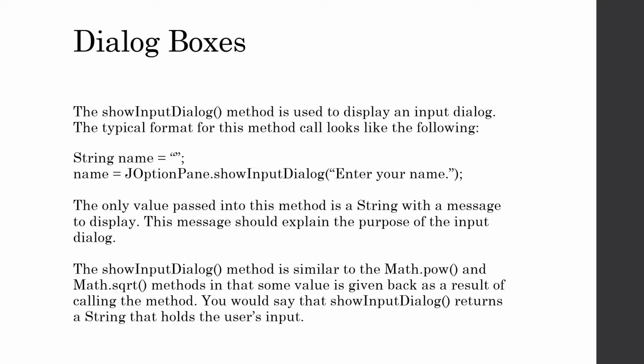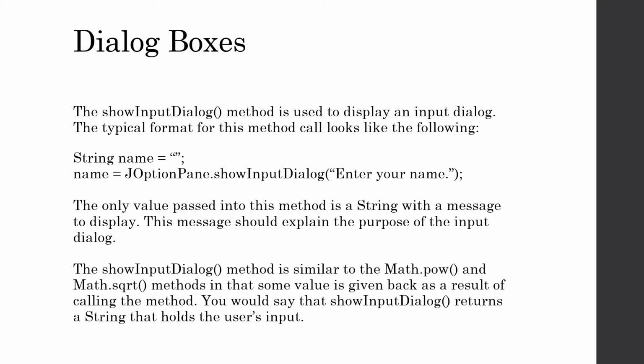Underneath that, you're going to see this text field where we can type in some input. And once we push enter, so we want to move from that input dialog to whatever comes next in the program, it's going to take whatever was typed into that text field, that input, and put that into this name variable.